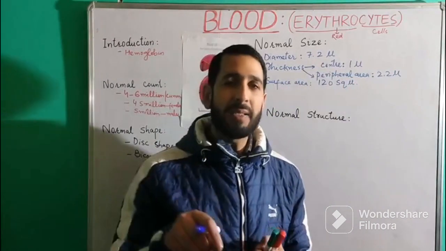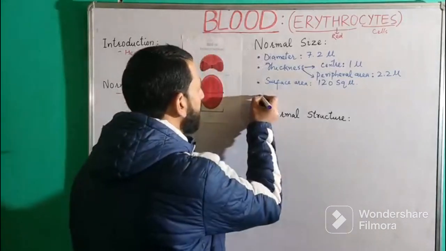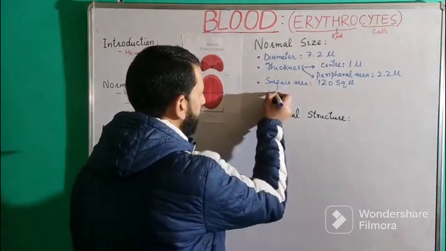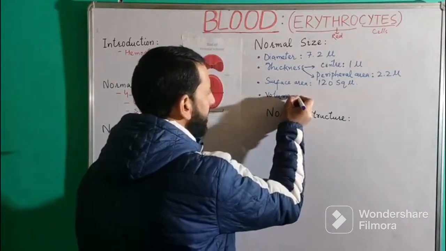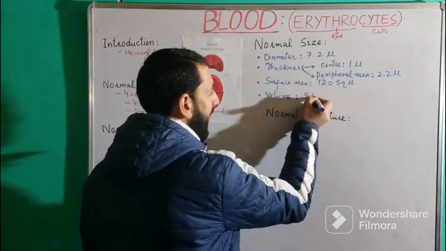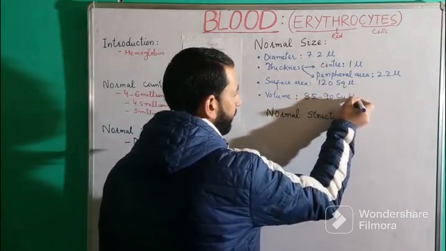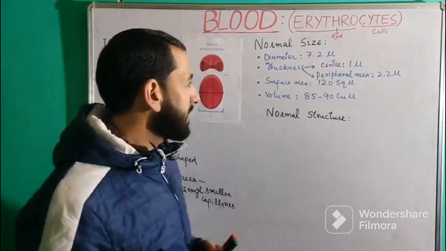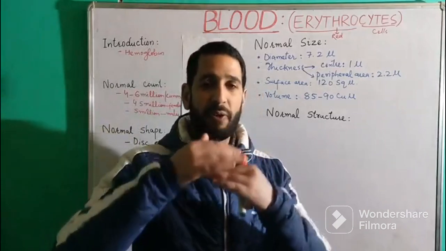And the last thing we are going to talk about in the normal size is the volume of RBCs, which is 85 to 90 cubic microns. So in normal size we have seen that we have to cover 4 things.